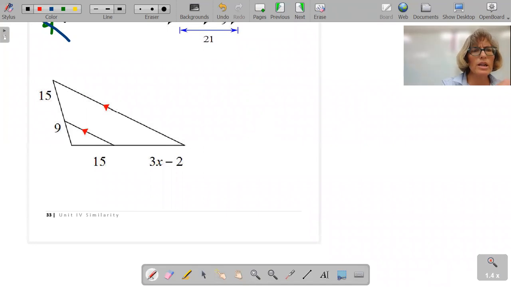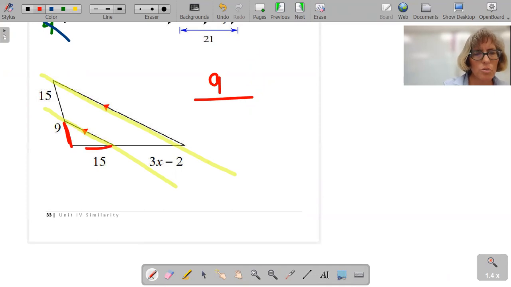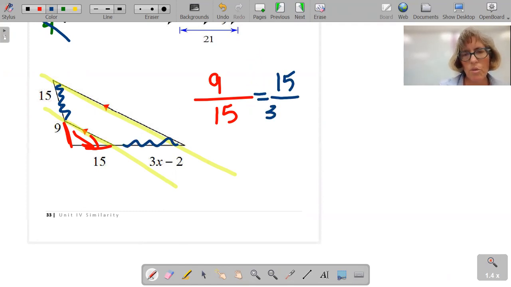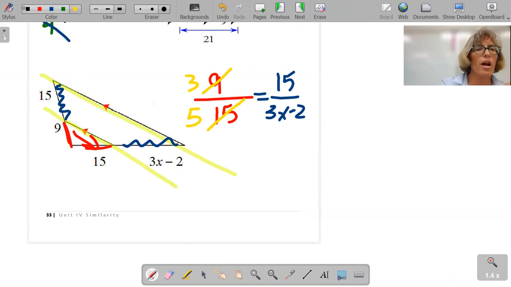This one, wait a minute, they look like triangles. No, they aren't. They're undercover parallel lines, which means this 9 matches with the 15 going this way, and this 15 matches with 3x minus 2. I'm going to reduce on the left before I cross multiply. 3 goes in there 3 times, 3 goes in there 5.